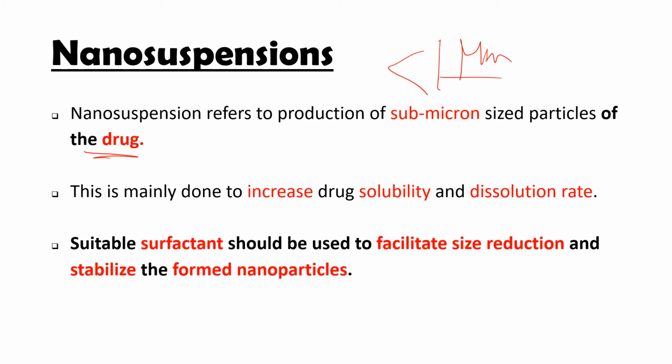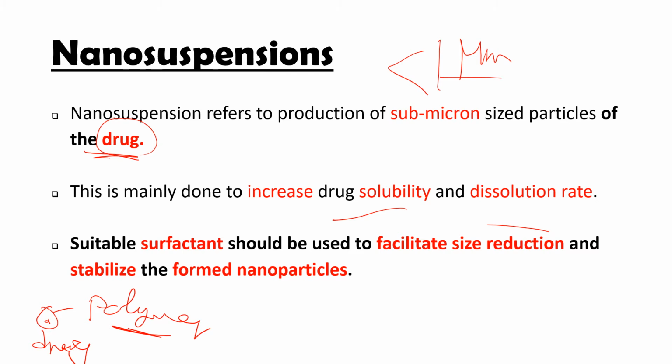Nanoparticles usually contain drug and polymer, and this polymer could be lipid, or some other large polymer, but here we have a nano suspension of the drug itself to increase solubility and dissolution rate.